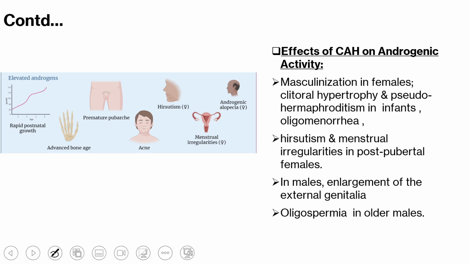And you can see there is acne and premature puberty and hirsutism and menstrual irregularities, androgenic alopecia in the patient. So these clinical features can be seen in the patients who are suffering from congenital adrenal hyperplasia.